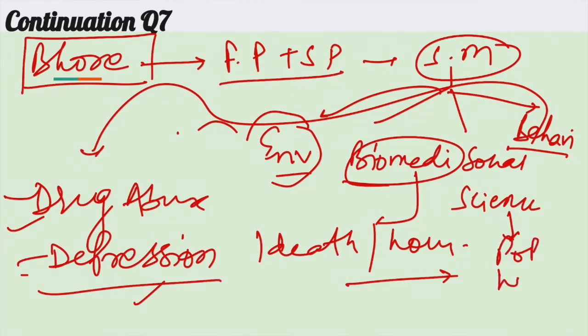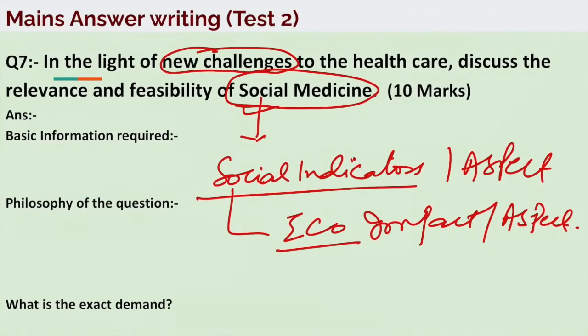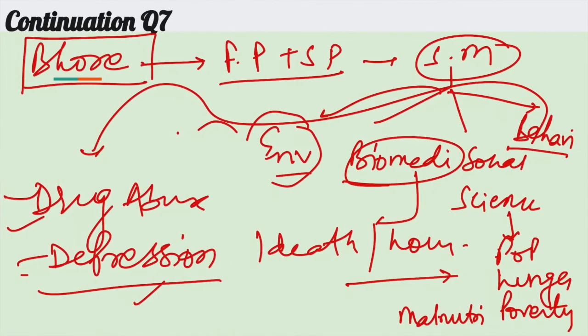Now social science. Why do we need to understand social science? Because it is related to population, hunger, poverty, and malnutrition. You can understand how rising population, rising hunger, rising poverty, and rising malnutrition are impacting our lives, and are a new challenge to healthcare.